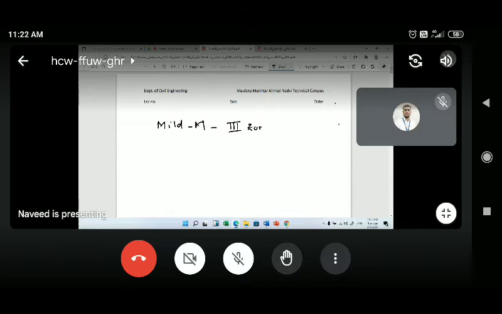M1 is for zone 1, similarly M2 is for zone 2, and M3 is for zone 3.